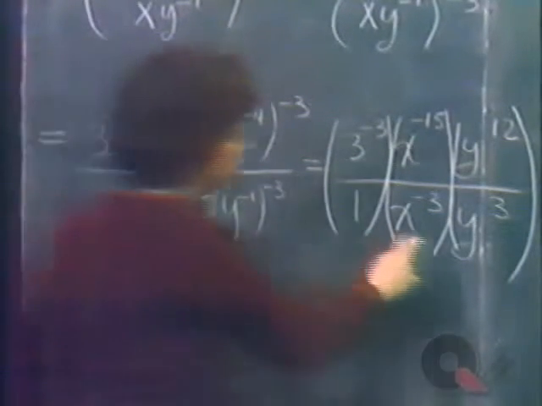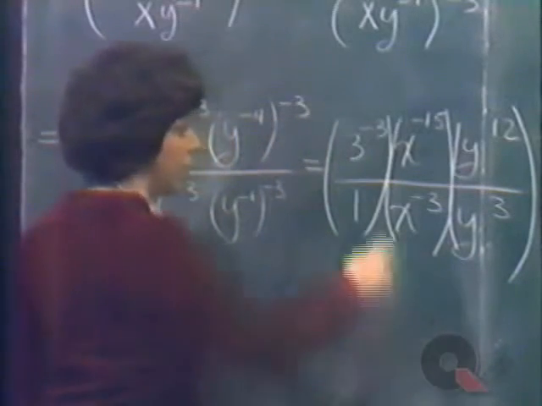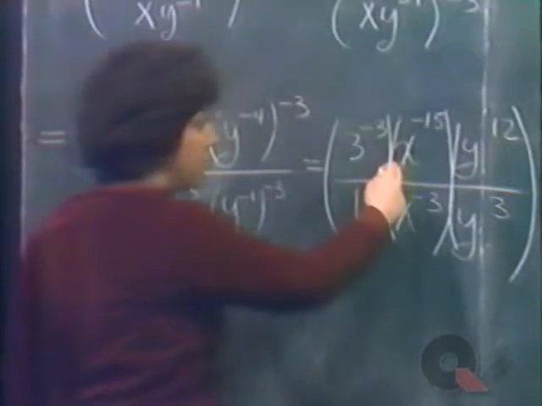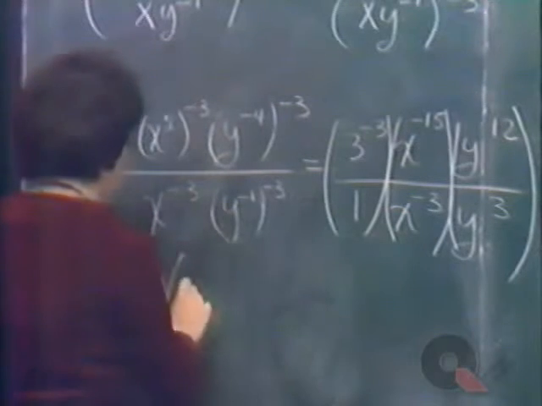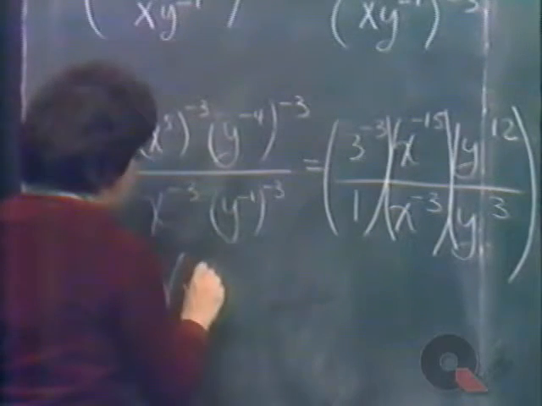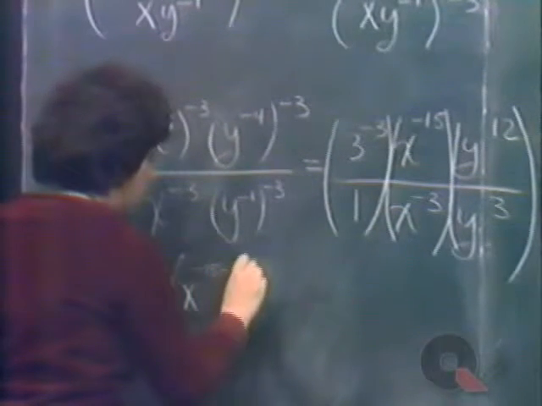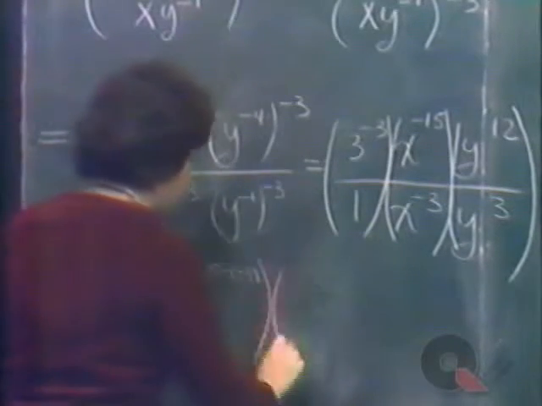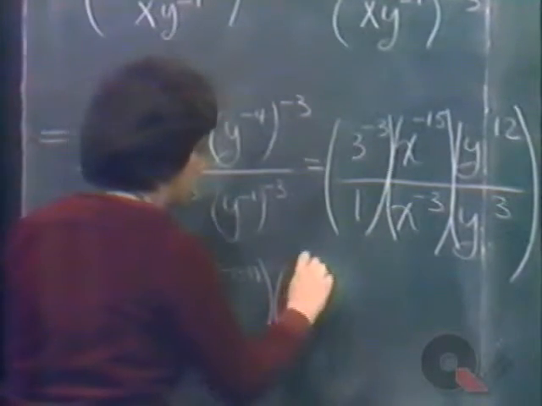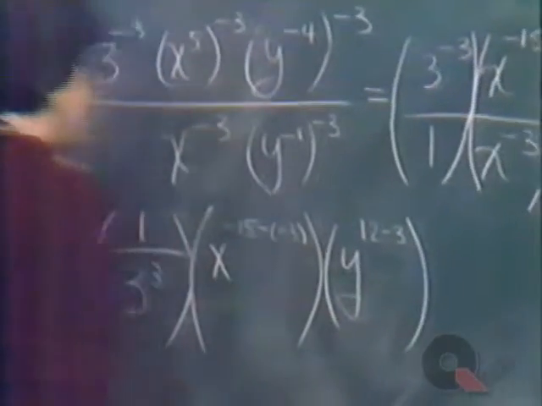Now, these are examples of Rule 2. You're dividing, same base, you keep the base and you subtract the powers. So we get x to the minus 15, take away a minus 3, and here y to the 12 minus 3.